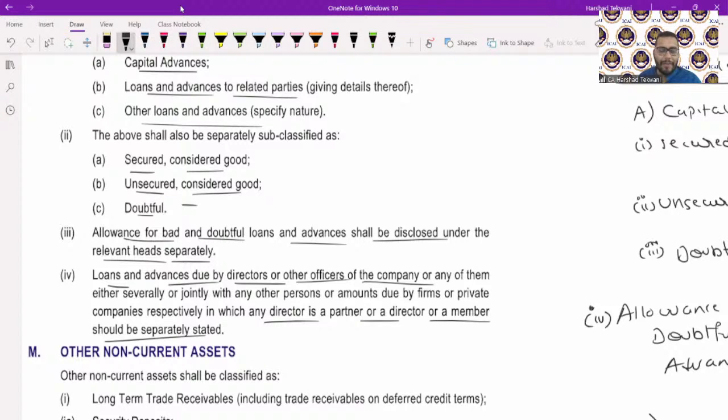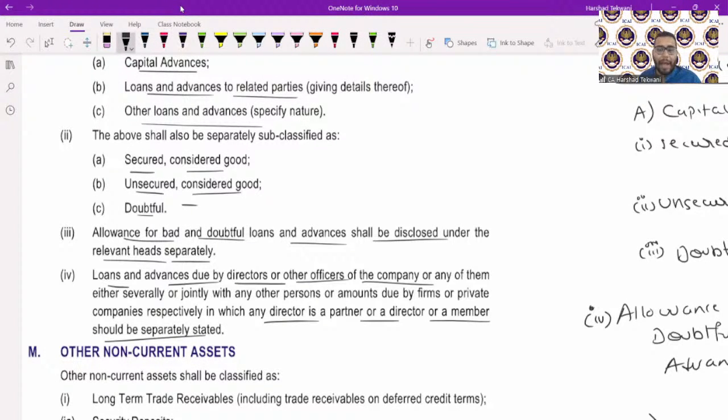So loans and advances which are due by director or other officers of the company, or any of them are involved or are jointly or severally liable for that particular amount, then I'm required to provide that detail. So if any of my directors or officers of the company is involved in any of the loans and advances, then I need to provide the detail of which director or officer is involved over here.